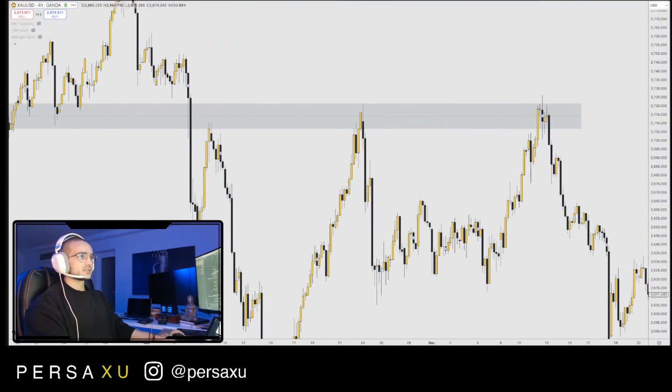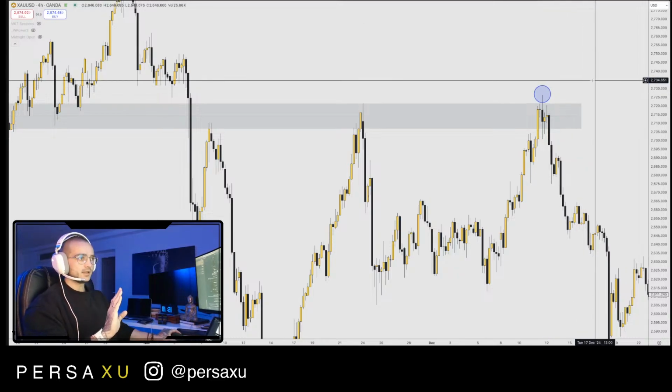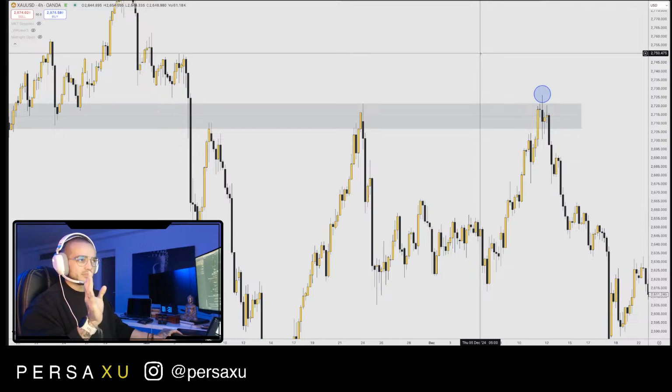But I'm focused now on this wick. Okay, look at that wick right there. You see that? That's a 4-hour wick, but in the 30-minute and 15-minute, that is not just a wick.